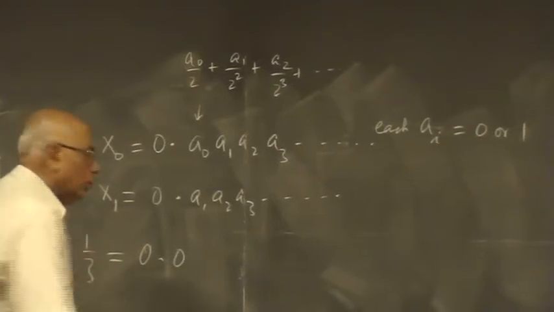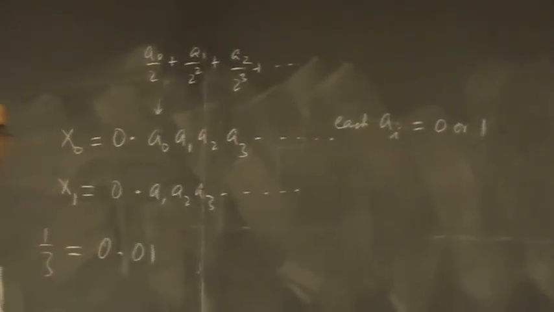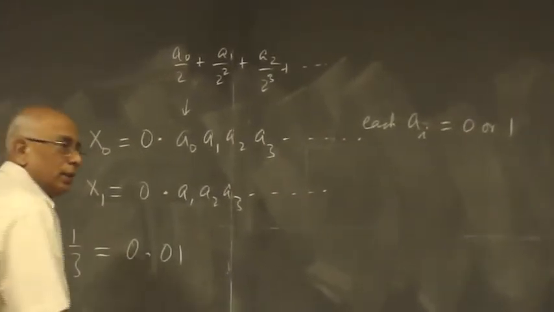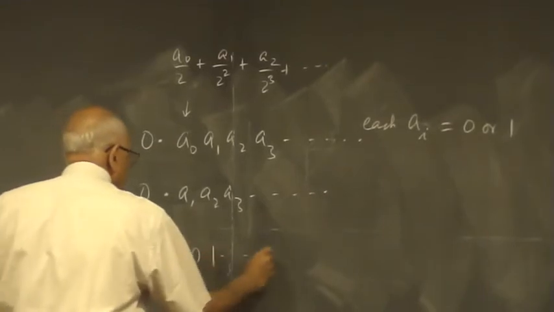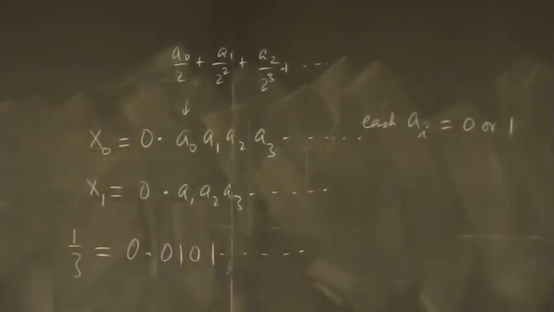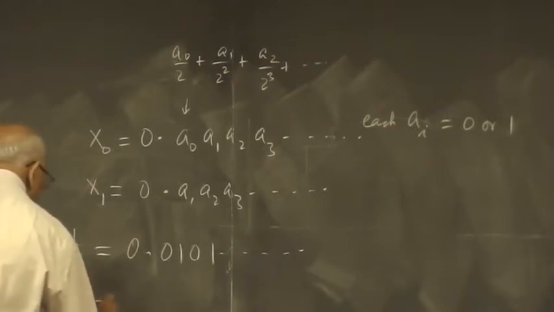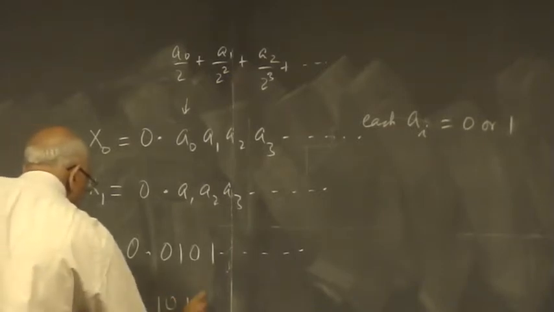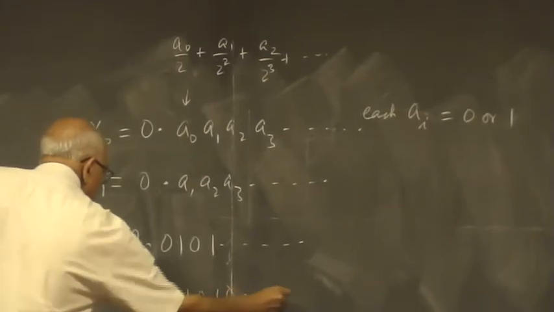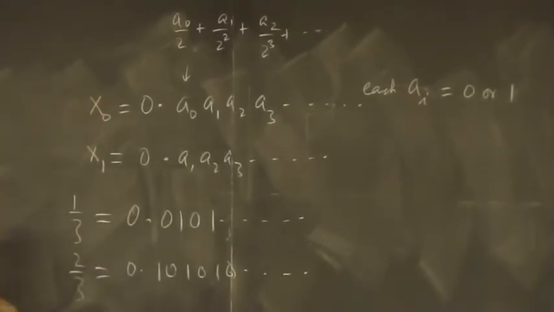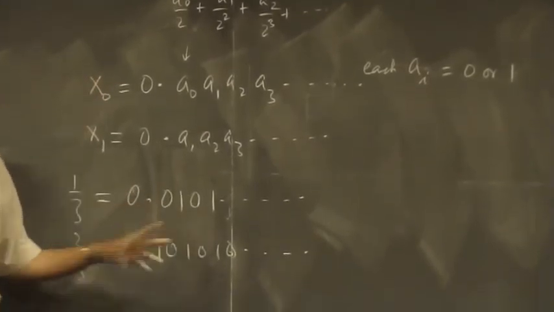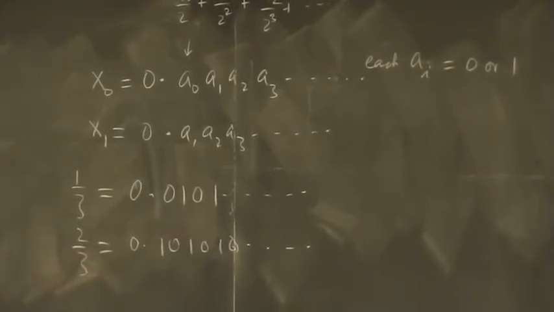It's certainly greater than 1/4, so it's 1. Right? And then there's a 0, and then there's a 1. That's 1/3. And what's 2/3? It's just the reverse. So it's clear that under the Bernoulli shift, this goes into that goes into this, and it's simply recursive.